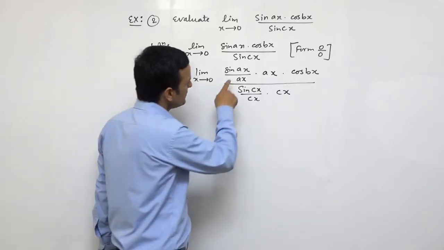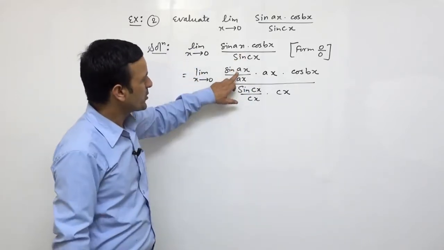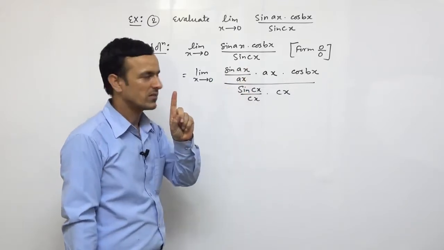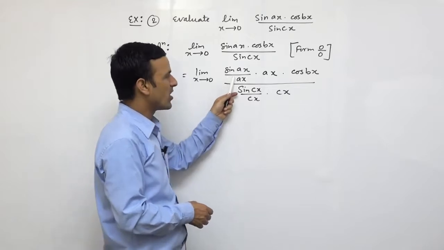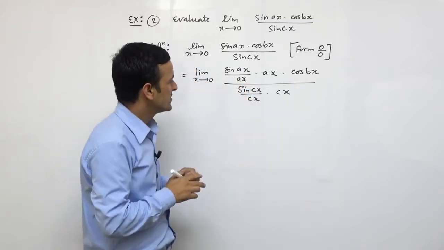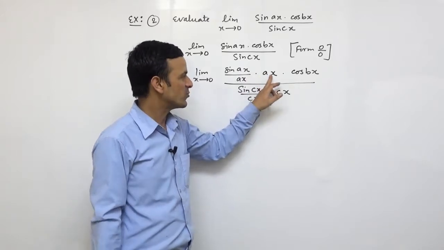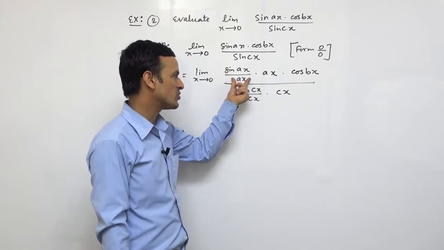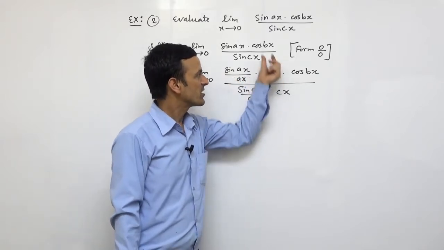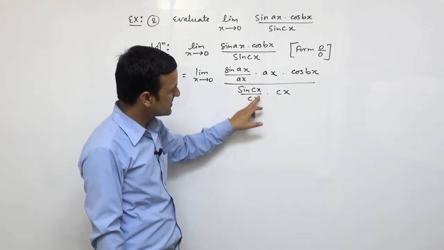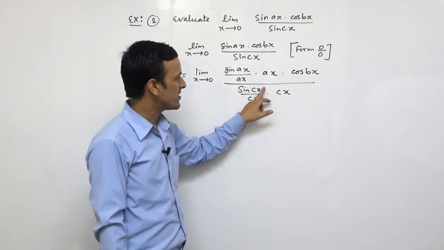Now, according to the property we just read, sin theta by theta is 1. To make it 1, we divide by ax, so to balance it we should multiply as well. Whatever we use to balance or divide, we must multiply by it too: cos bx stays the same, and here sin theta divided by theta, the same term repeated.